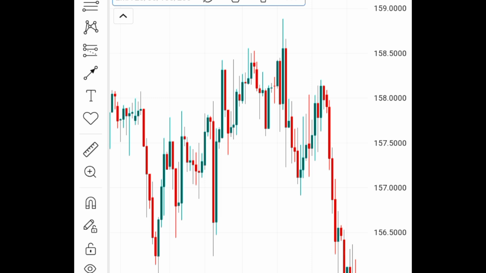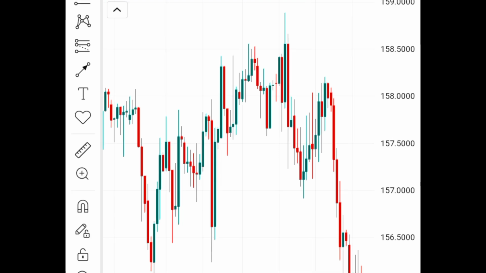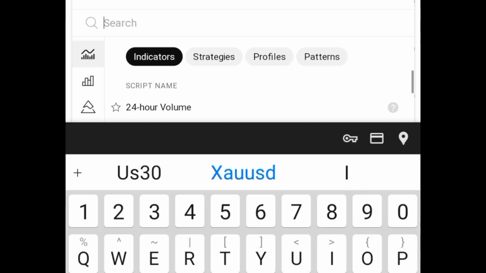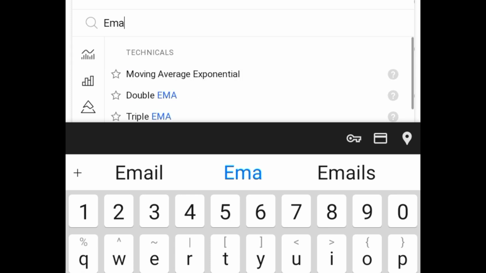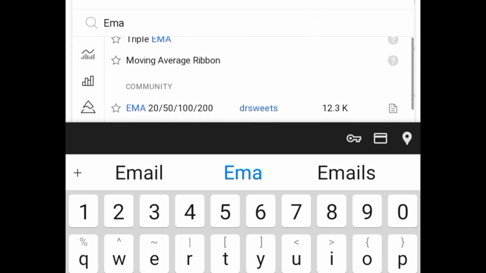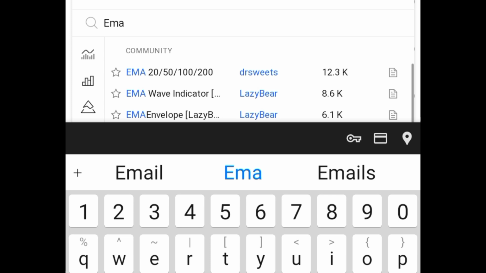So for the sake of new subscribers, let me show you how you can add this indicator. You go to your indicator, you type EMA. Once you type in EMA, this EMA 20/50/100/200 by DS Swift will appear.